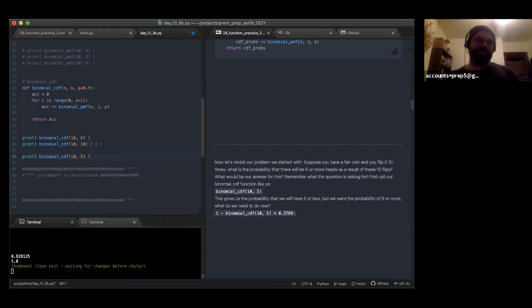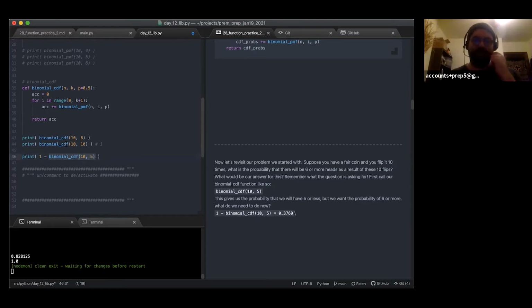So we can just subtract the range that we're not interested in, right? We want to know the probability of getting between 6 and 10. So we can say 1 minus the probability of getting between 0 to 5.